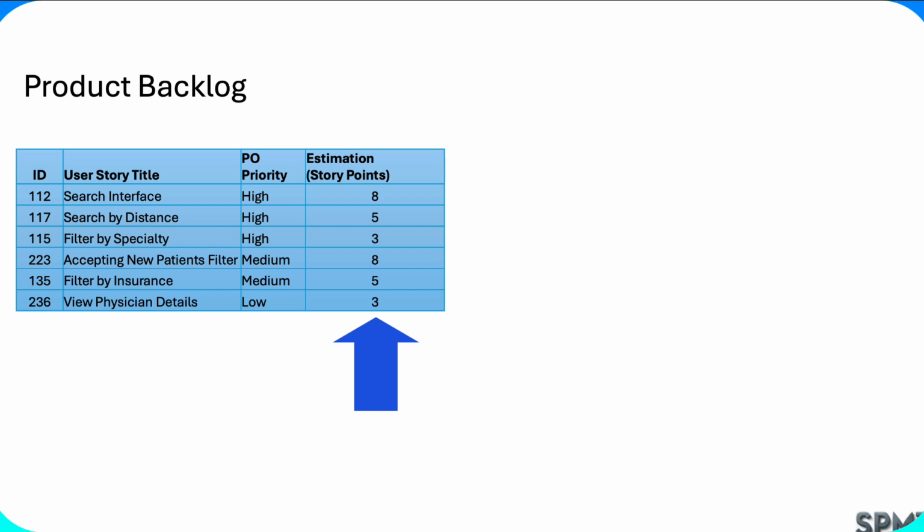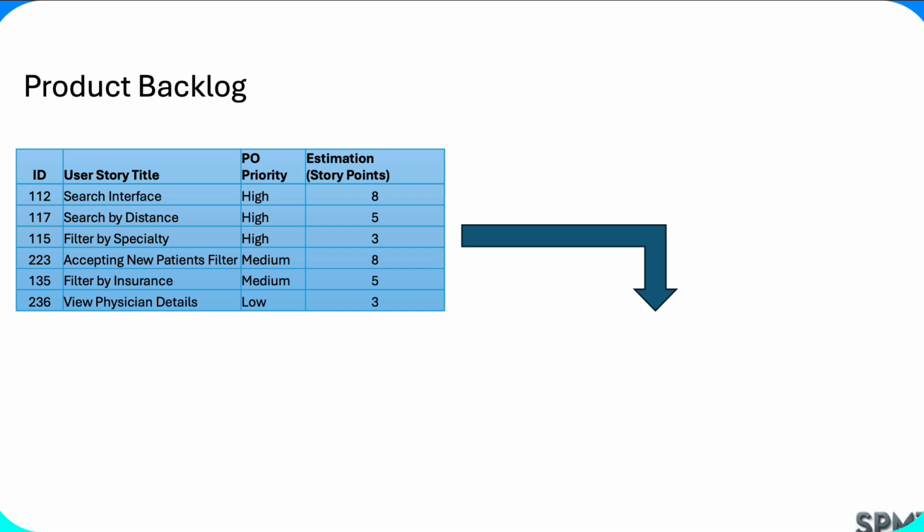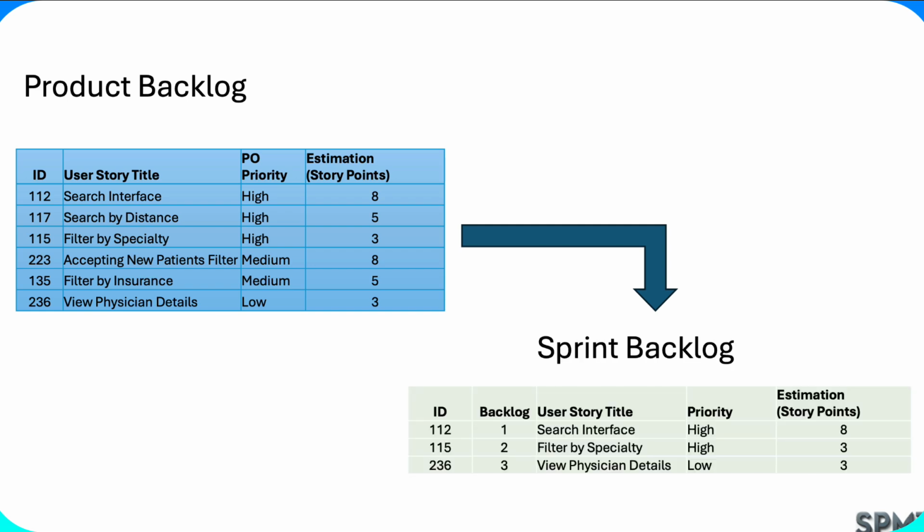And once we have those estimations, we're going to sit down with the engineering lead, the scrum master, and the product owner, and we're going to decide which ones we are going to do in the next sprint. And we're going to choose a subset of the product backlog to create our sprint backlog.